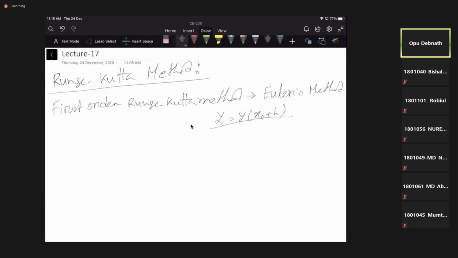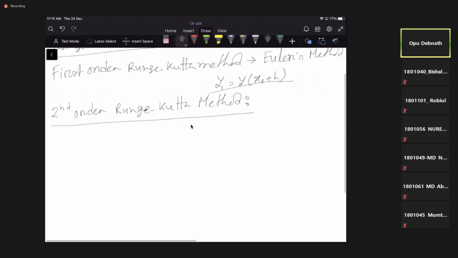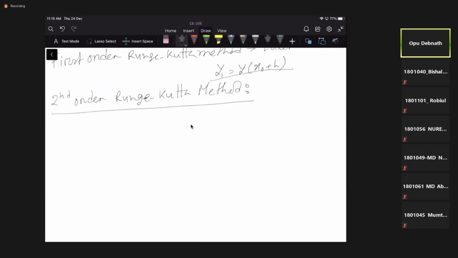In the second order Runge-Kutta method, here is the algorithm for calculating the y values.